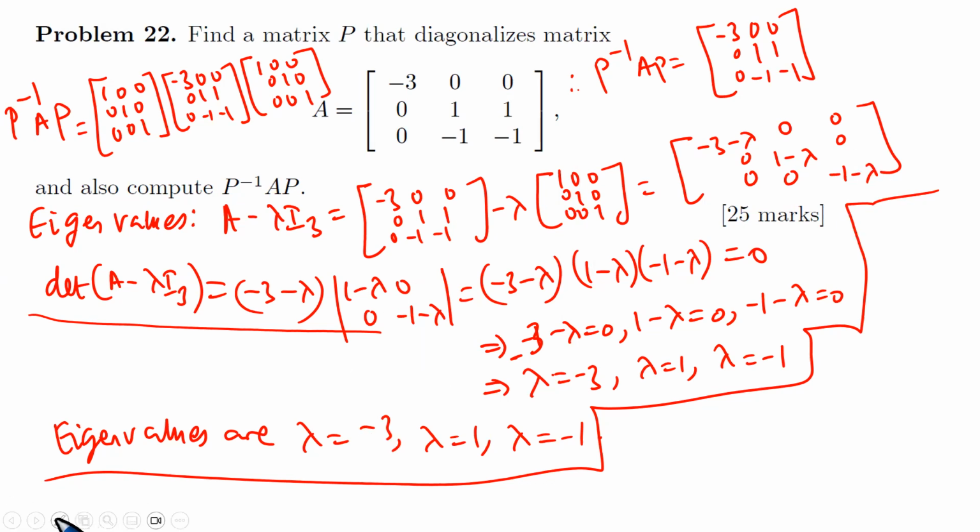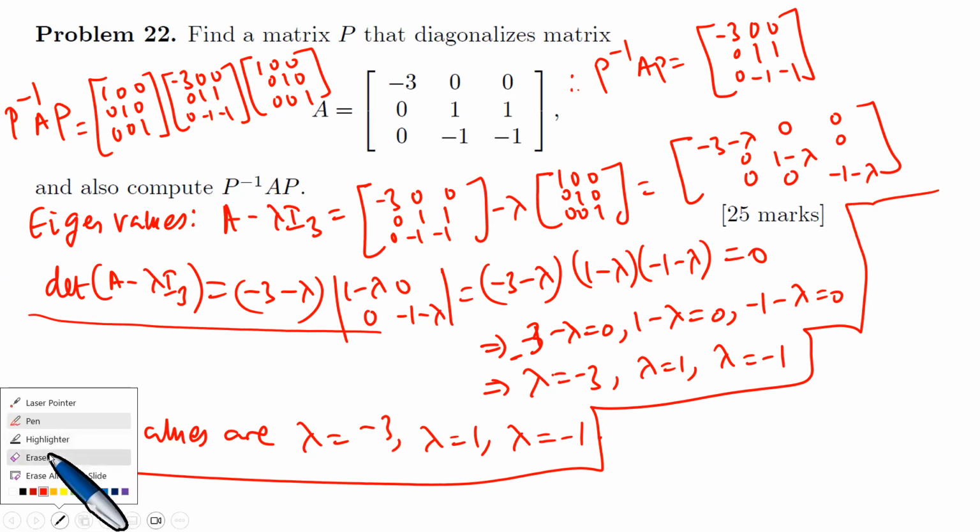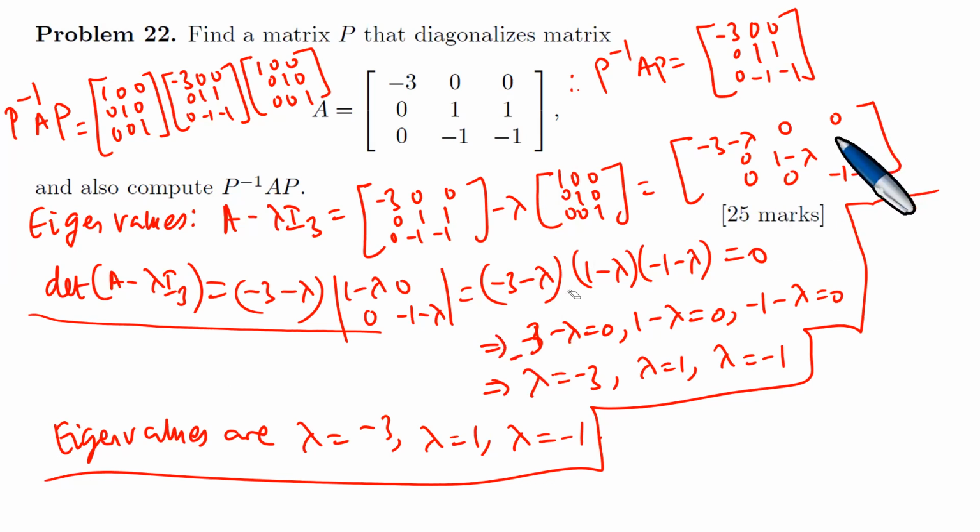I missed the 1 here, and this one here is fine. It's just that I missed this one here. I could see that it's a bit strange that we're getting the identity there. I'll just do it really quickly.